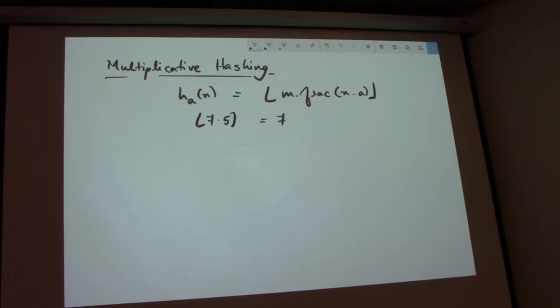This is the floor function, so it rounds it off to the lower value. And the frac of 7.5 is 0.5, so it's the fractional part of it.